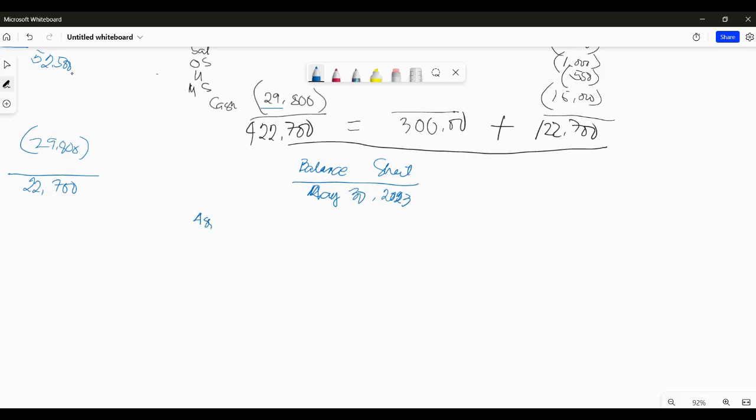We have assets. The only asset that we have is cash in the amount of 422,700. So that would be our total assets.